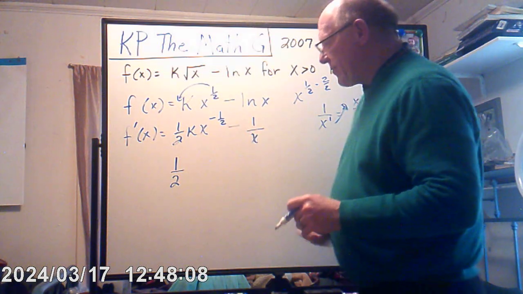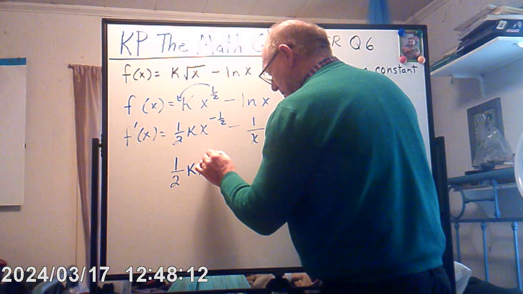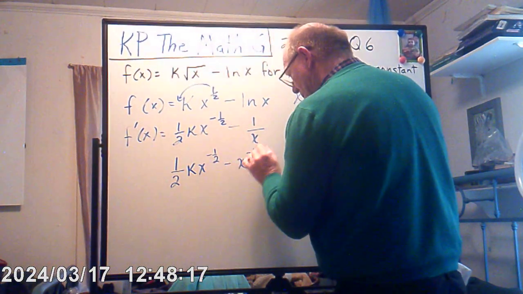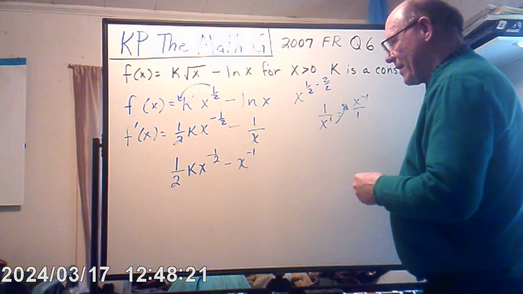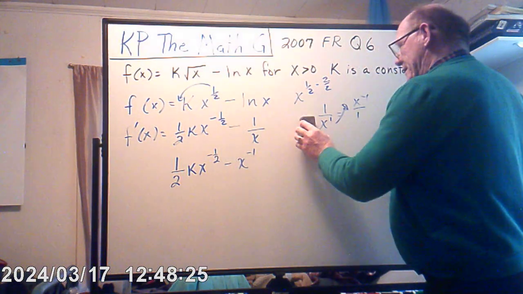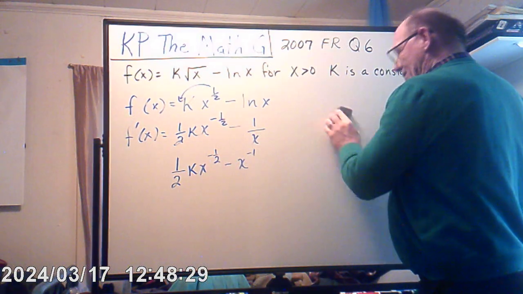You can leave the negative exponent. So minus x to the negative 1, and that's the reason I did that, so that I can do the second one a little easier. It's just easier to follow like that. So there's the first one.